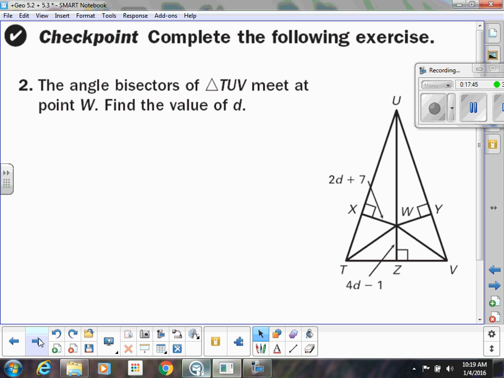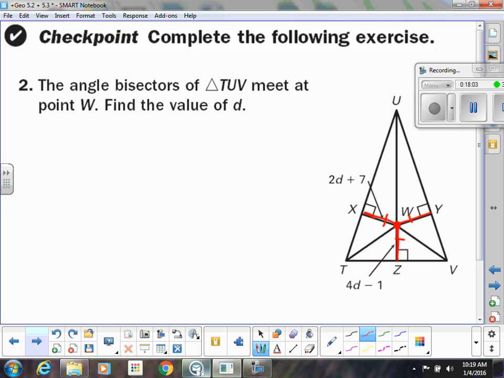All right, so see if you can figure out what to do with this one. We have the angle bisectors meeting at point W, and they want us to find the value of D. Notice they're labeling these distances to the sides of the triangle, so these should all be congruent.